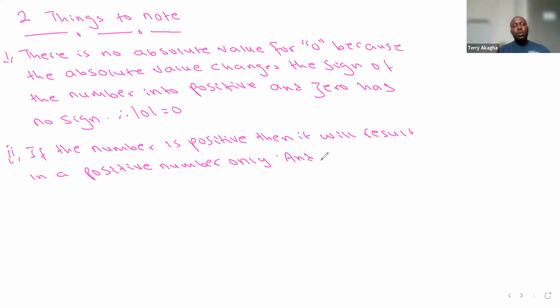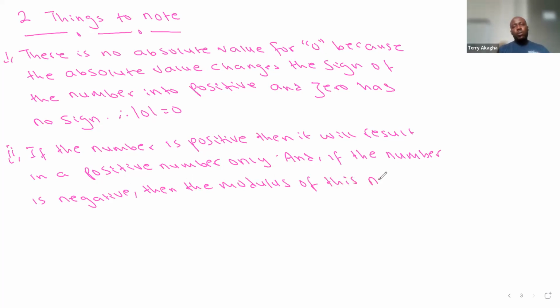And also, if the number is negative, then the modulus of this number will also be a positive number.